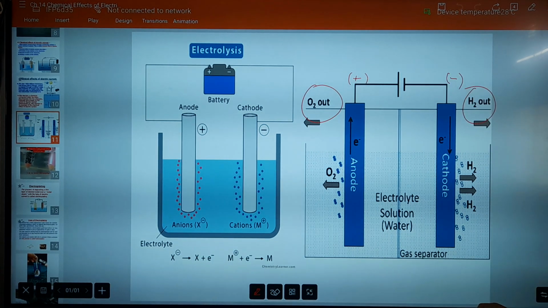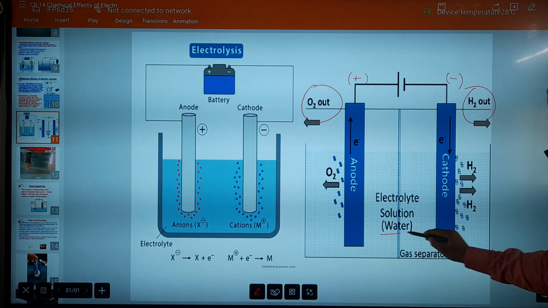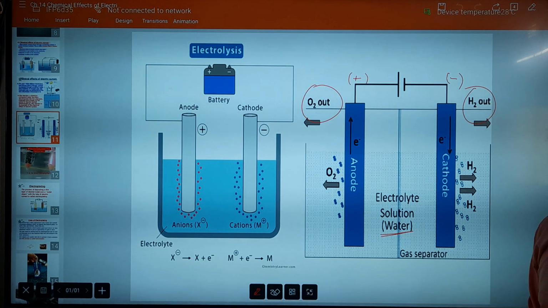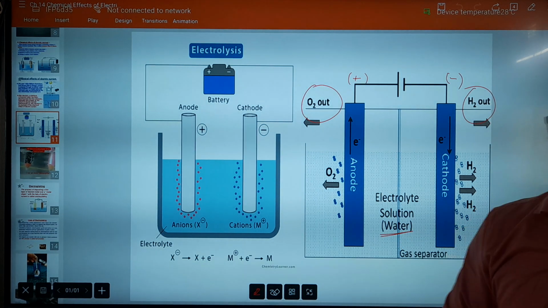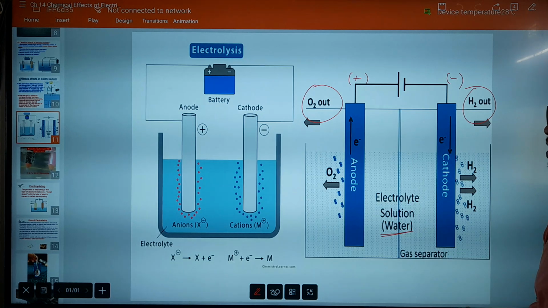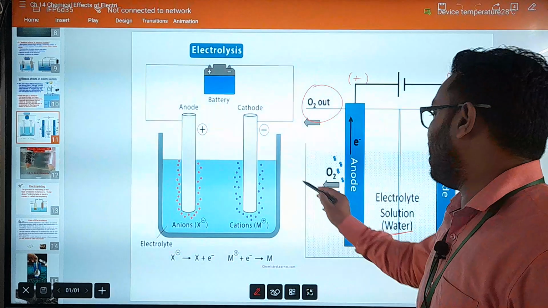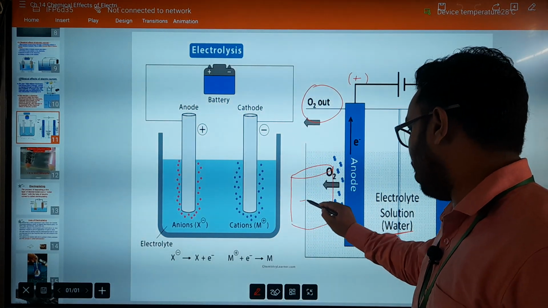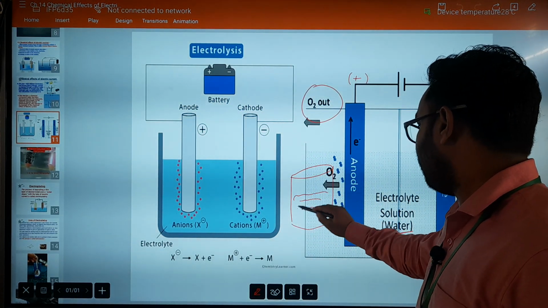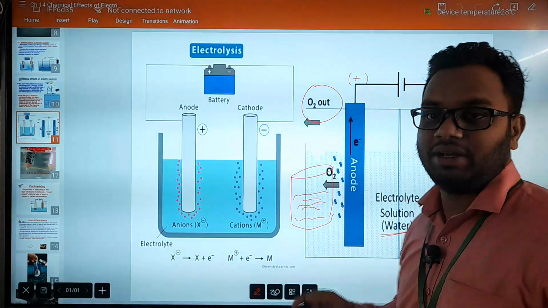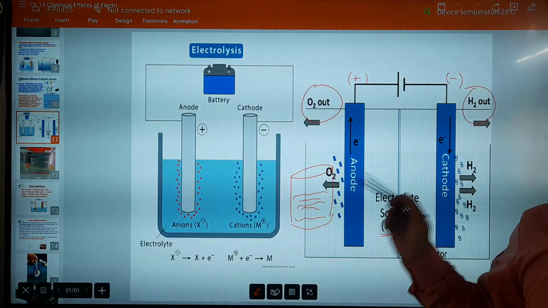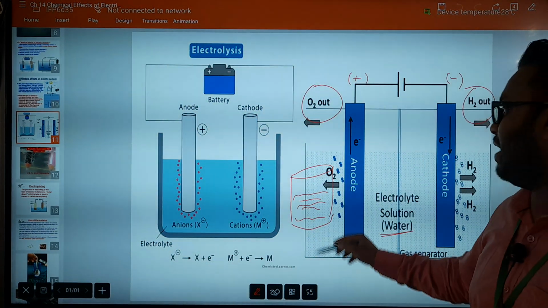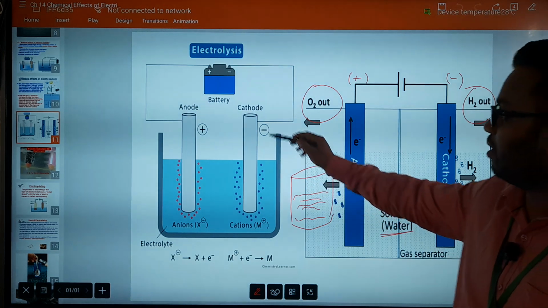When does it happen? When there is water. If you want to do it at home, take a glass of water and add some amount of salt, then this electrolyte will be ready. Here electricity can conduct, and then you can do this setup.